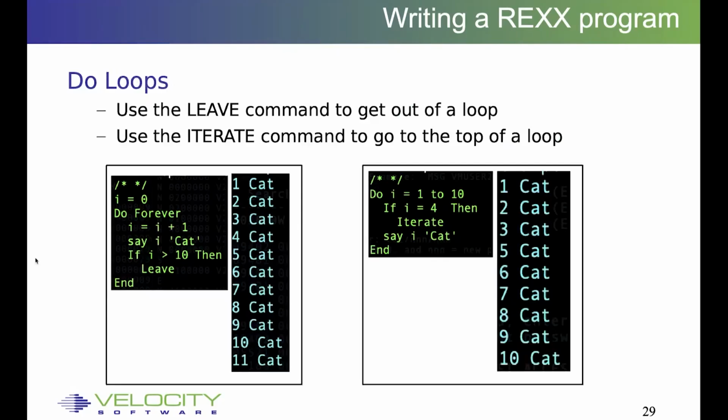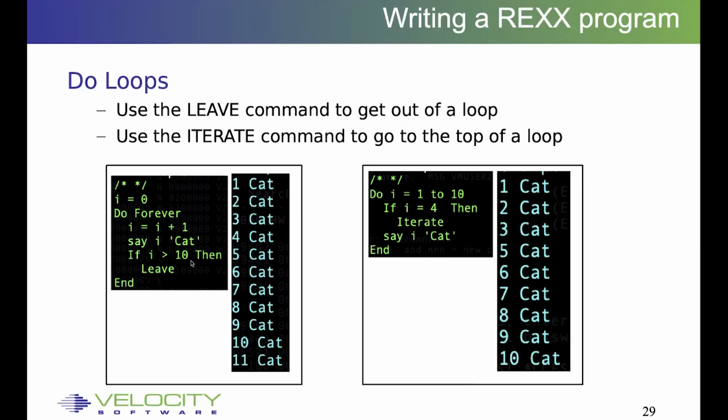Some other examples of the do loop. If you are in a do forever situation where you're just looping forever, you can leave the loop with the leave command, and you can provide a condition that will cause the loop to terminate.